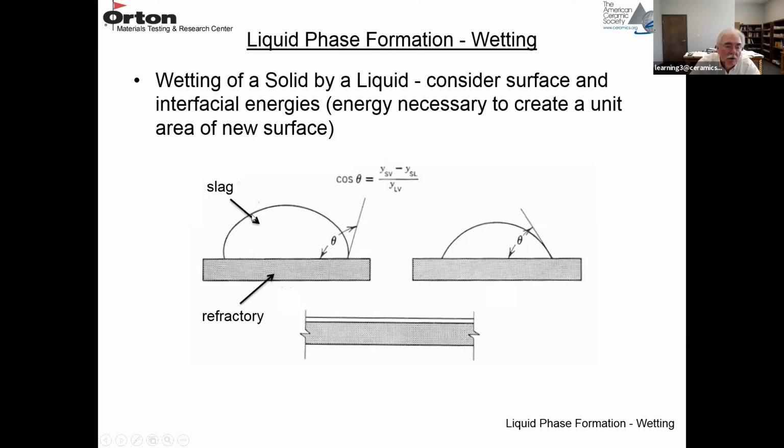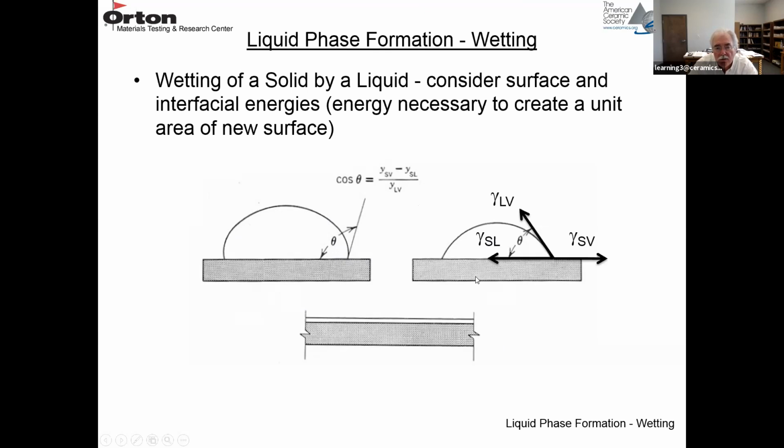So here's an intermediate case between this one and this one. This may be termed more approaching non-wetting. This was completely wetting. And we can describe this angle, theta, as the tangent to this spherical shape where it meets the refractory. So that's the angle theta, and it's a measure of the wetting.